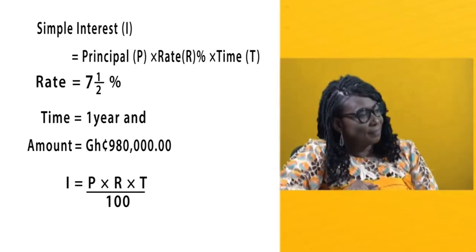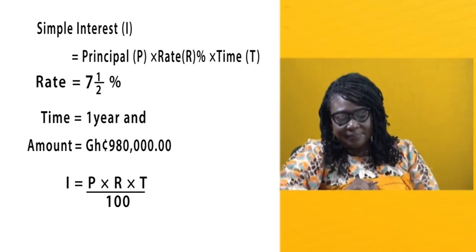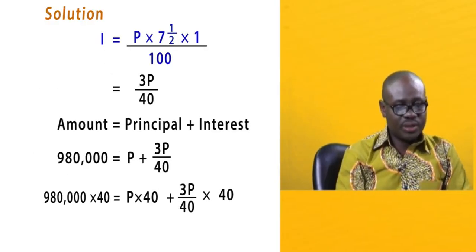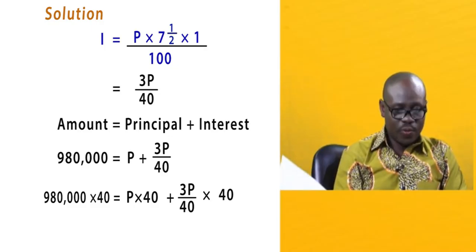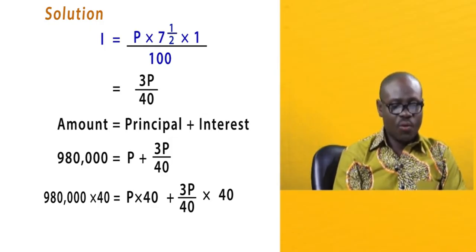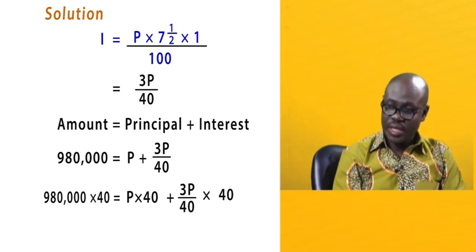So when we substitute our figures into the formula, we get interest equals principal times 7.5, which is the rate, times 1, which is the year, divided by 100. When we simplify this, we have 3P divided by 40.